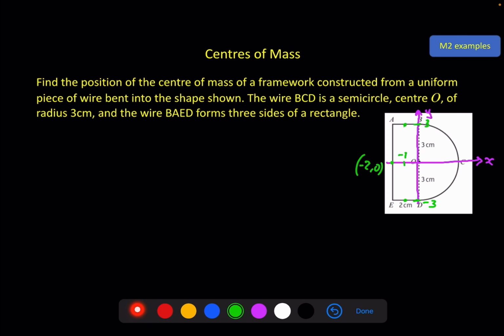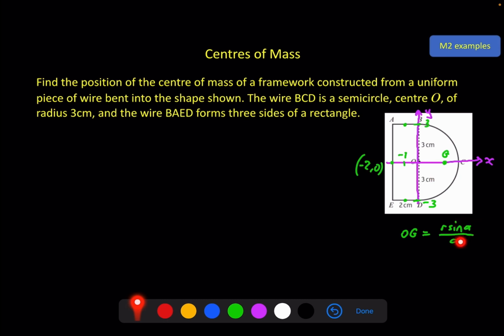For the semicircular arc, it's about here, and that is r sine alpha over alpha from O. So if I call that G, then OG is equal to this distance. And for a semicircle, the angle alpha is pi by 2, and sine of pi by 2 is a 1.